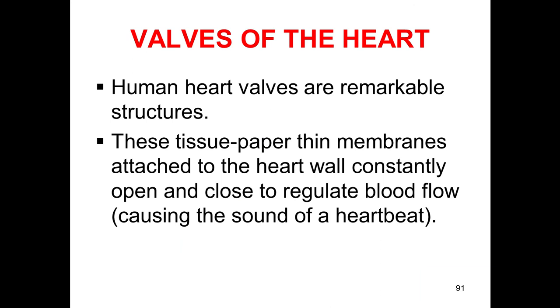Now the valves of the heart, yes, human heart valves are remarkable structures. They are very thin, like a tissue paper. So they are very thin membranes and they are attached to the heart wall. And they work constantly. They open and close to regulate blood flow, and that causes the sound of a heartbeat.